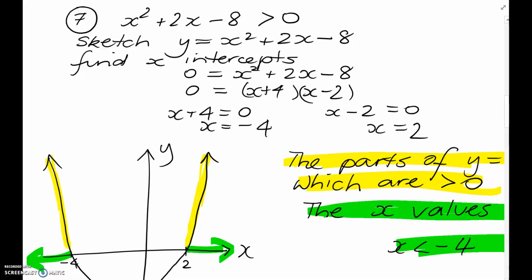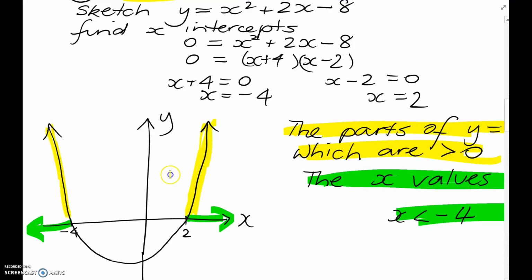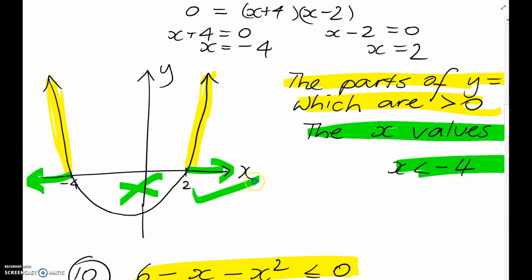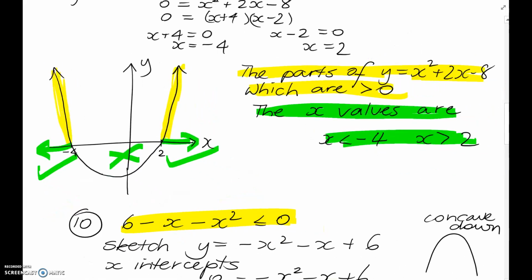Then I have to figure out which bits of that parabola are greater than 0, and that's highlighted in yellow. There it is there. So which bits of x produce that? Well, not the bits in the middle, but the bits on the outside. They're the x values that work. So that means I'd have to grab x less than minus 4 and x greater than 2 as my answers.